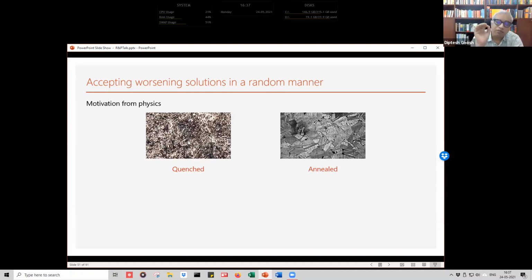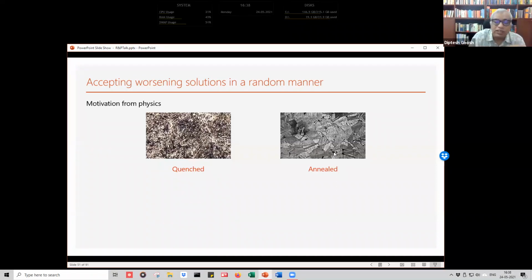Here, your crystals are very, very small. They are mostly imperfect. They are not joined very perfectly, right? Whereas if you're looking at an annealed structure, you'll find out that the crystals are much larger and they are joined very nicely. So which means that if you hit a metal which has been quenched, it is much more likely to break than a metal which has been annealed, right?